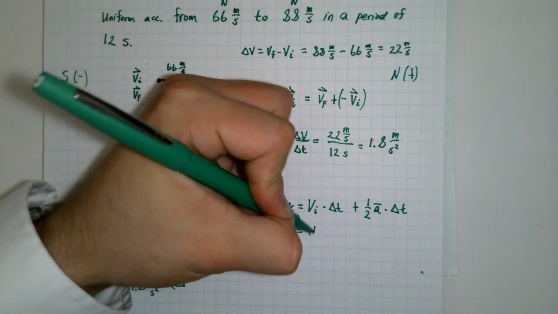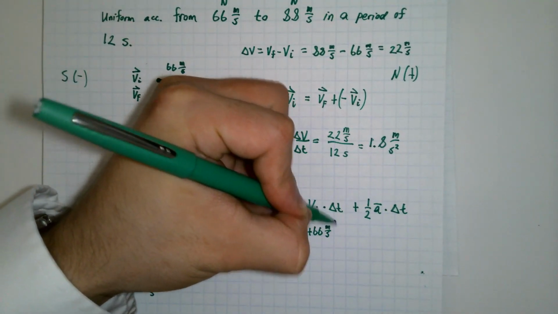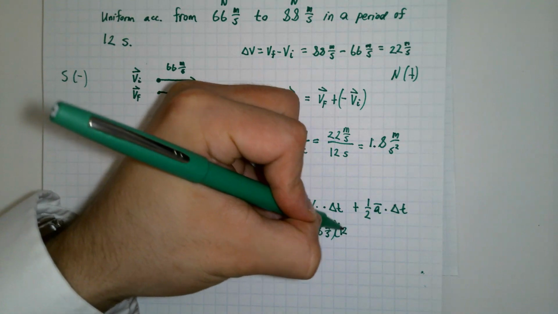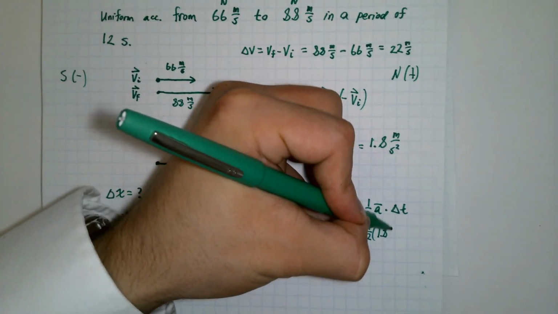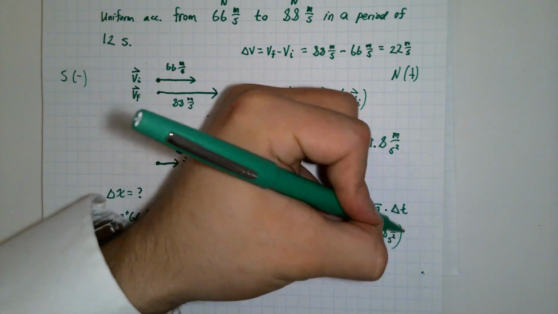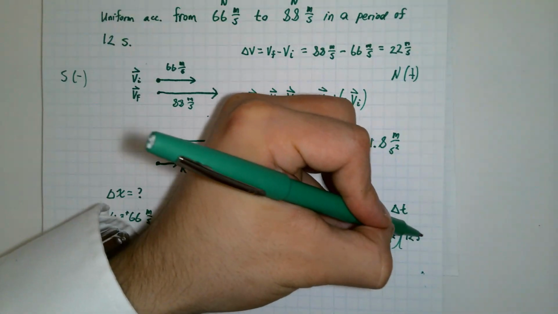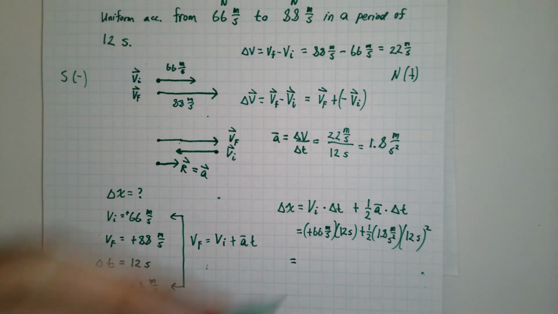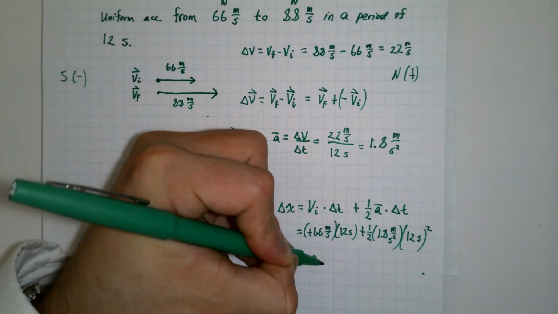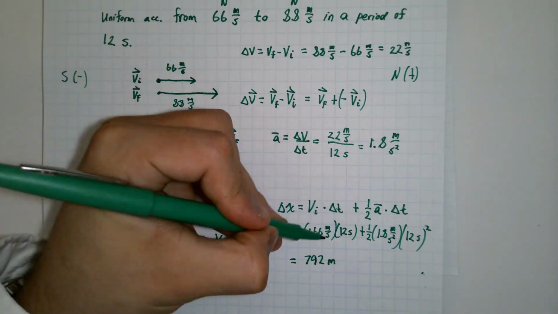So I can find displacement. I plug in my values for each of these: 66 meters per second times 12 seconds, plus 1/2 my acceleration of 1.8 meters per second squared, times my time of 12 seconds squared. I see that 66 times 12 is 792 meters. Notice the seconds here cancel.